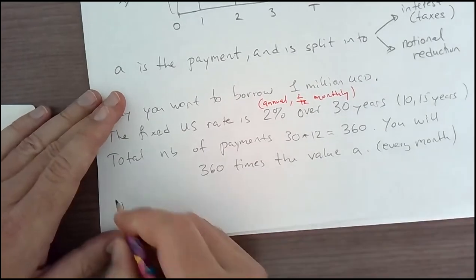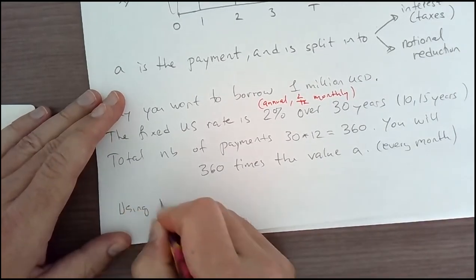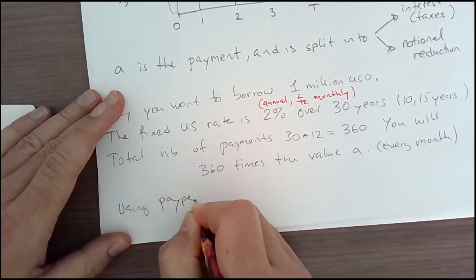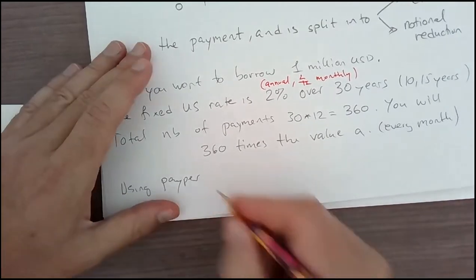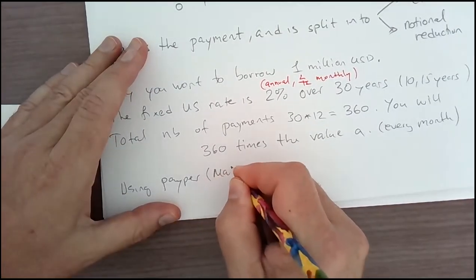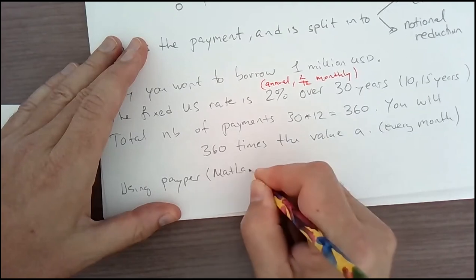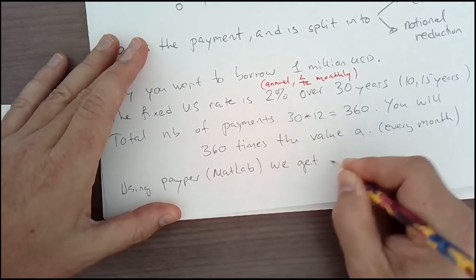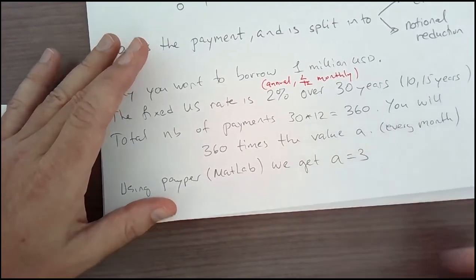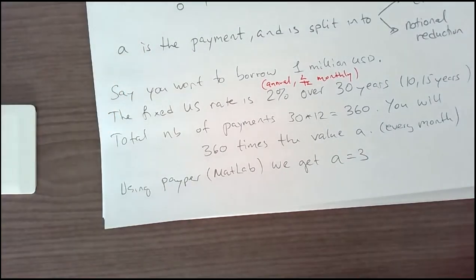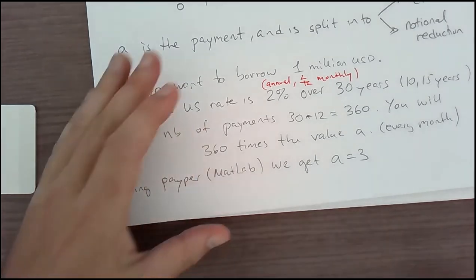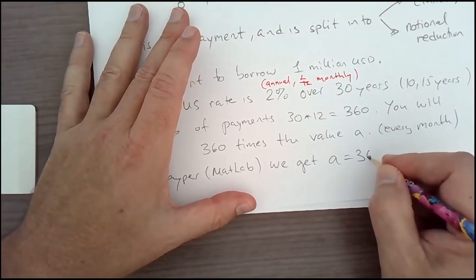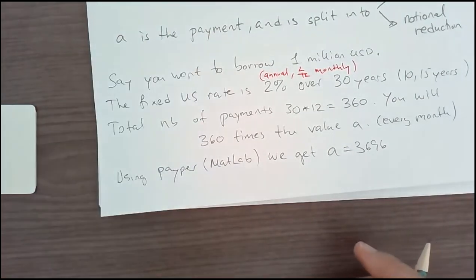So using PAYPER, this is inside MATLAB. And we get A was 3,000, I forget what was it? 3,696.